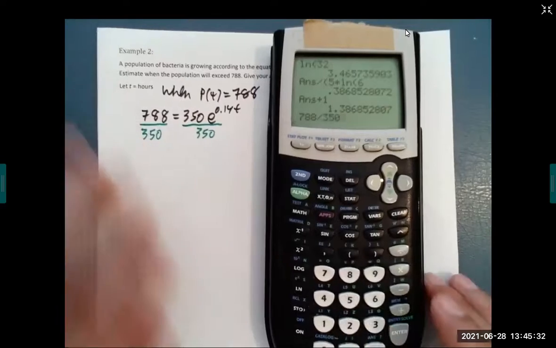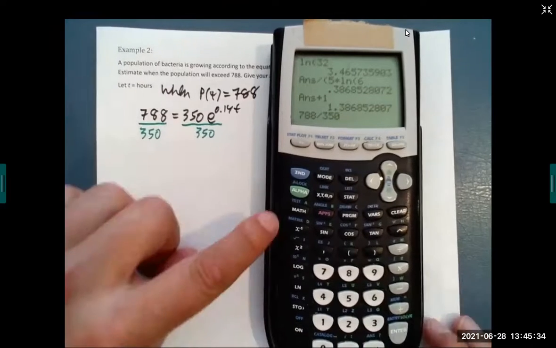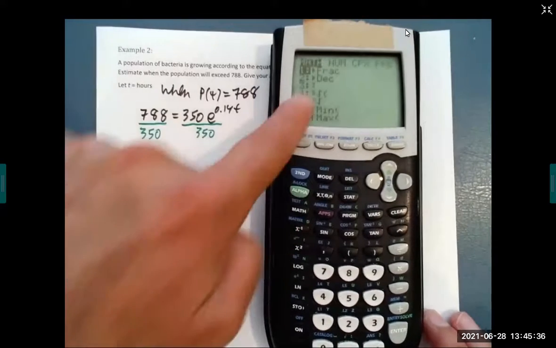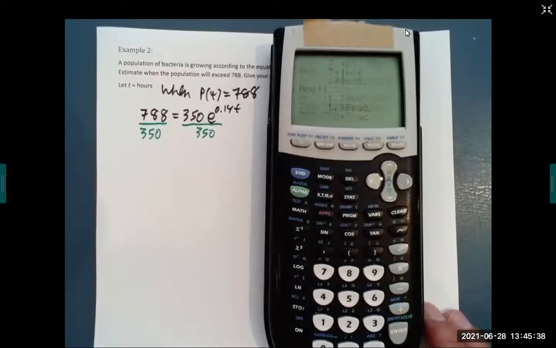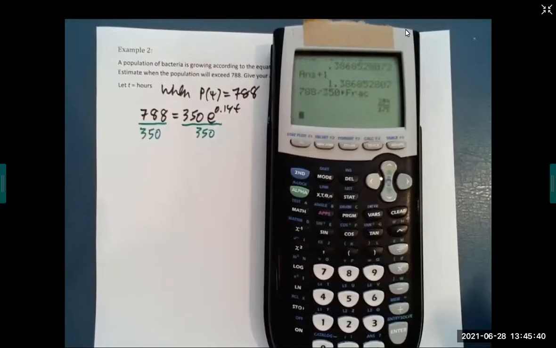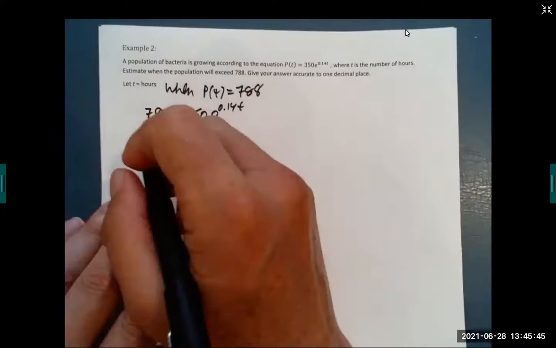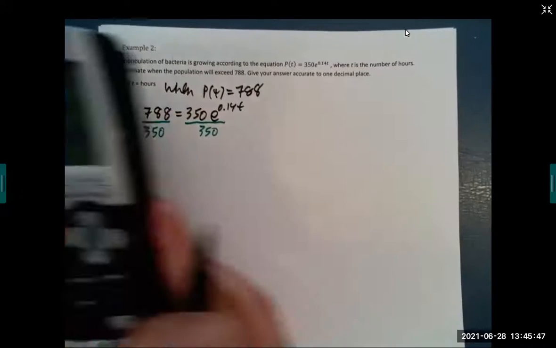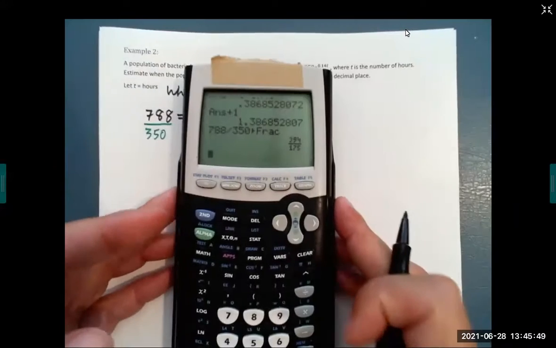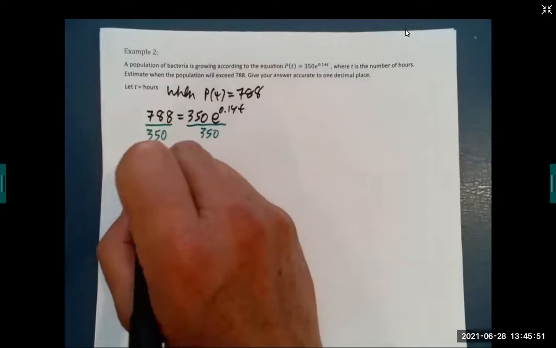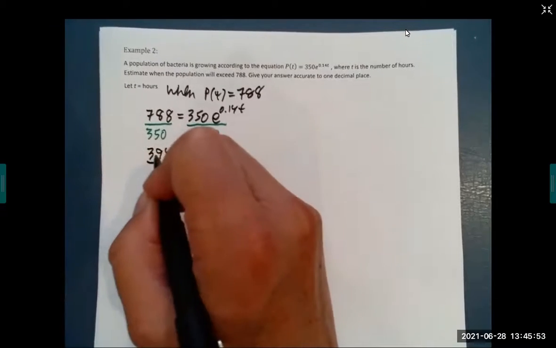Before I hit enter, you can do it after as well, I'm going to hit math and convert it to a fraction. And it gives me a reduced fraction. So this is 394 over 175.